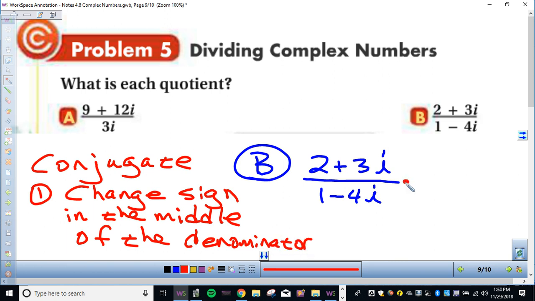So when I multiply this thing, what am I going to multiply by? If I change the sign in the middle of the denominator, it's just 1 plus 4i.